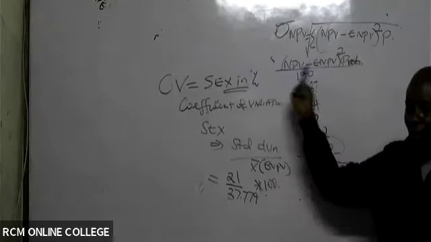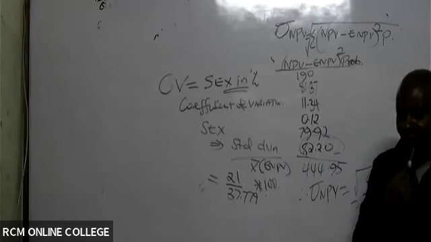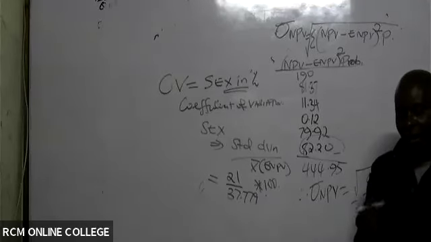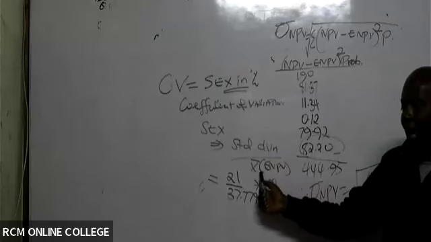Will you ever forget this formula of CV? We shall never forget it. Remember, CV is a measure of risk. The higher it is, the higher the risk. The formula is standard deviation over X bar.